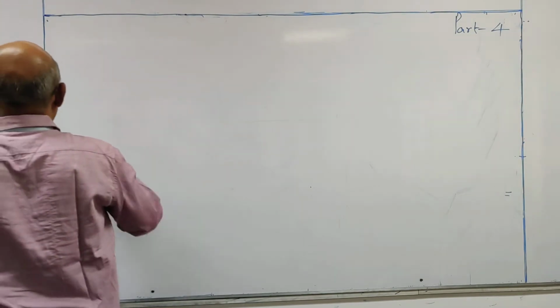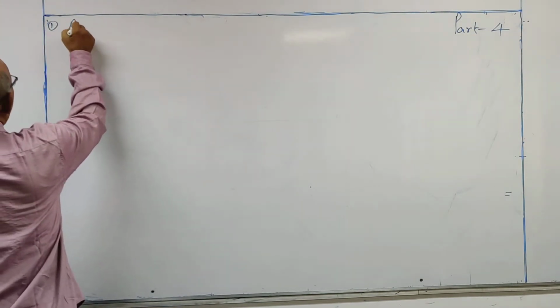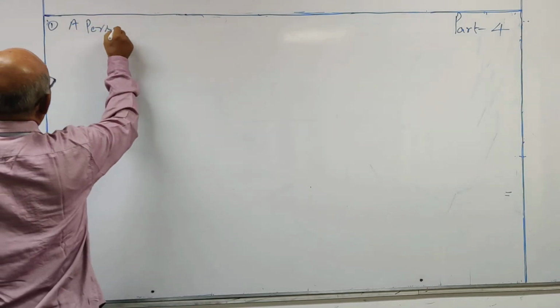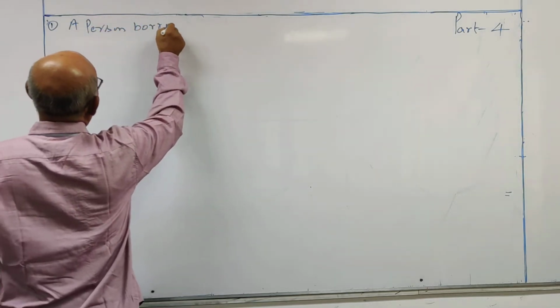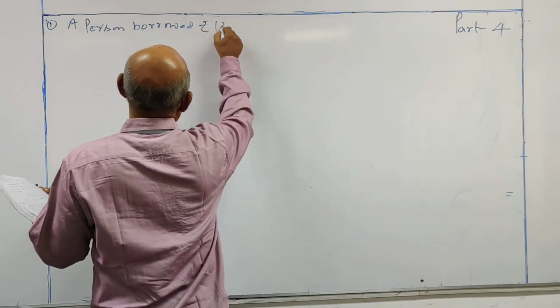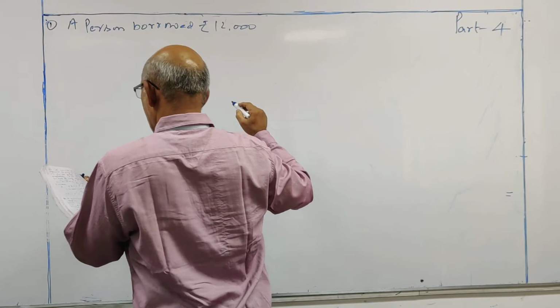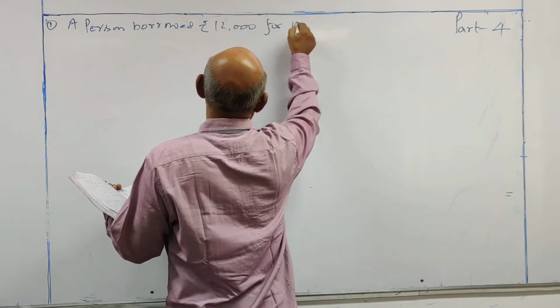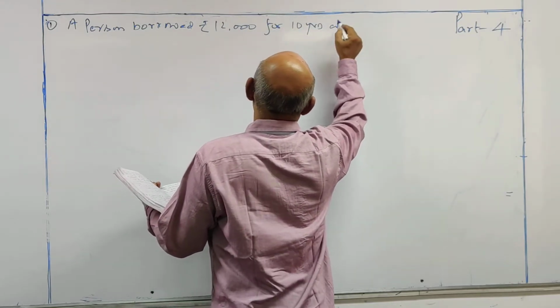A person borrowed rupees 12,000 for 10 years at CI.